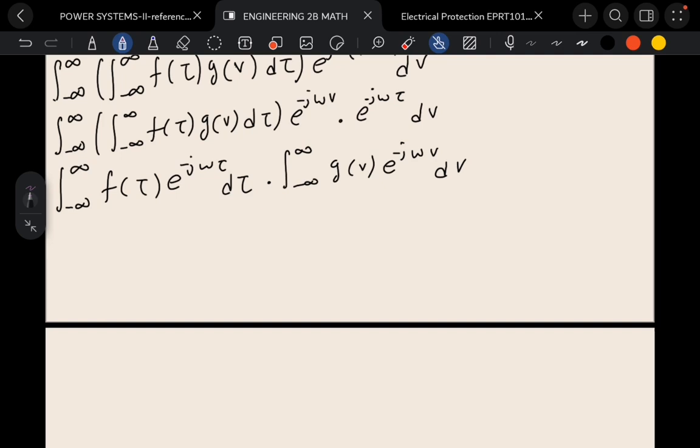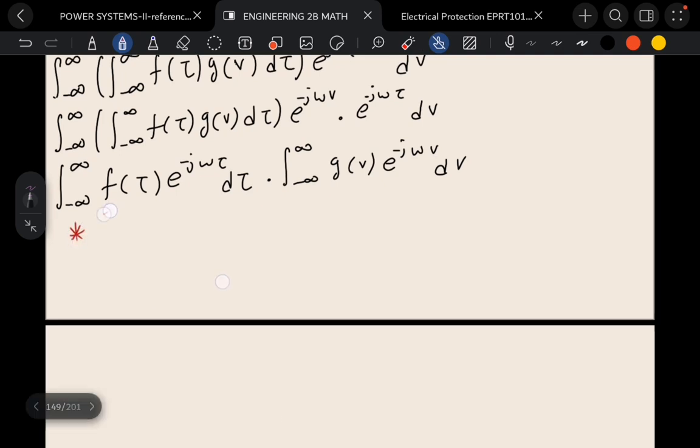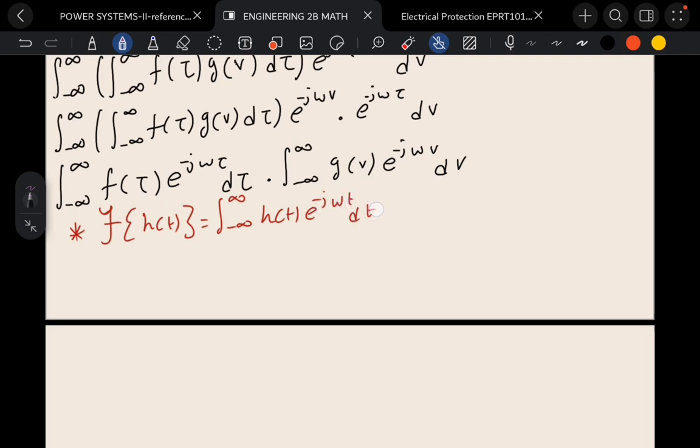Now what is this? This is a formula. You need to recall that the Fourier transform of h of t is equal to an integral from negative infinity to infinity of h of t e to the negative j omega t dt, which just equals h of j omega.